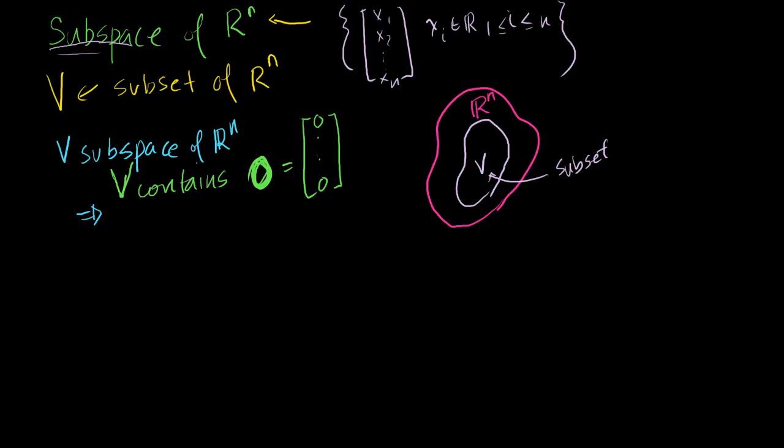If I have some vector x in V, if x is one of these vectors that's included in my V, then when I multiply x times any member of the reals, so if V is a subspace of Rn, then x times any scalar is also in V. This has to be the case.